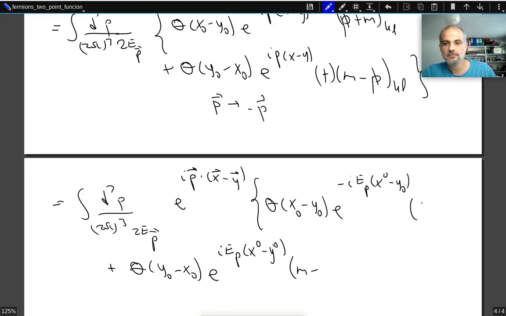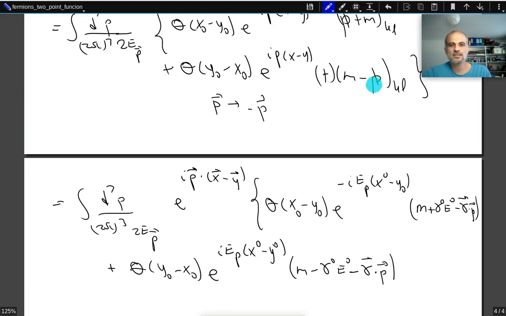plus gamma 0 E0 minus gamma dot p), and here now I have m minus gamma 0 E0, plus, or minus, sorry.